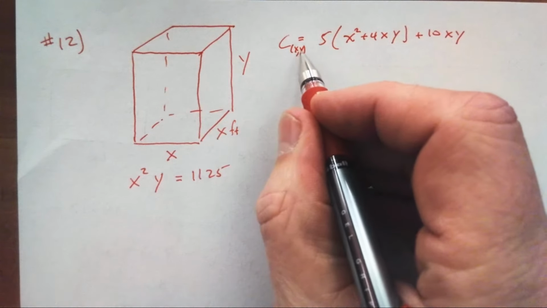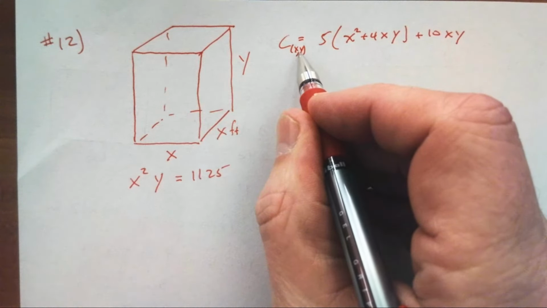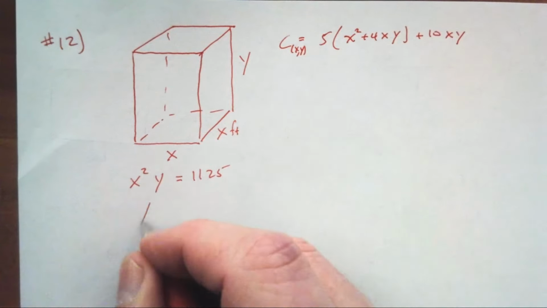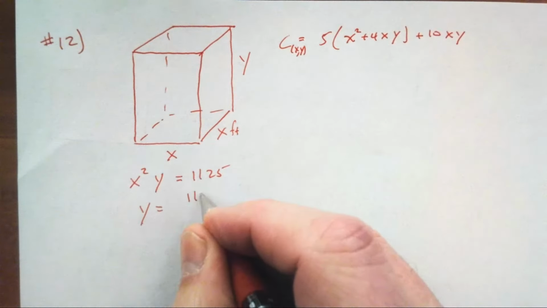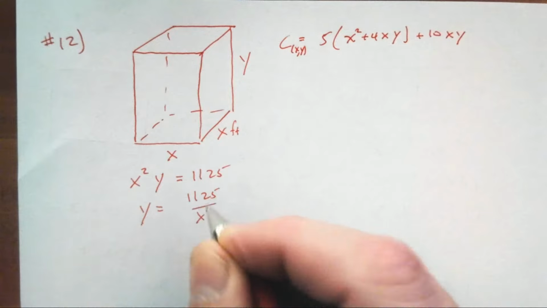But again, I don't want cost as a function of x and y. I want cost just as a function of x or just as a function of y. So it's easy to solve for y: y is 1125 over x squared.